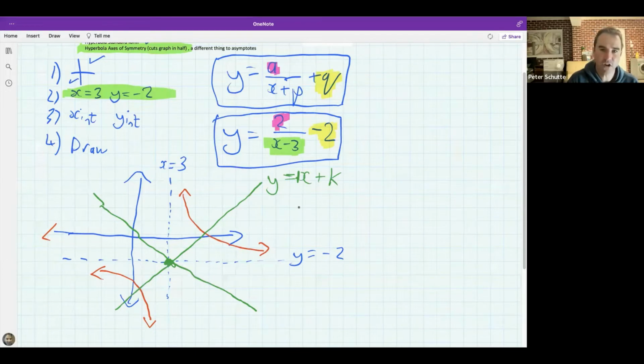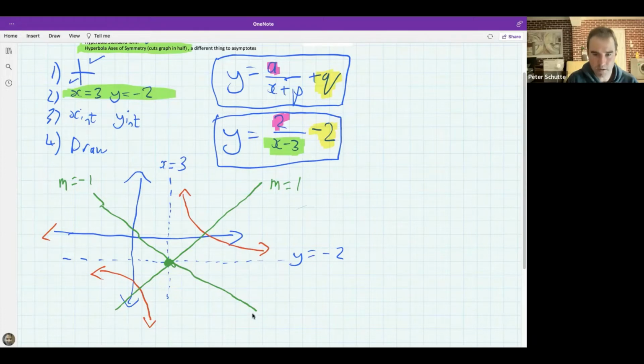Basically, we know the gradient of this line here is 1, and we know the gradient of the other axis of symmetry is going to be -1. That will always be true in hyperbolas.